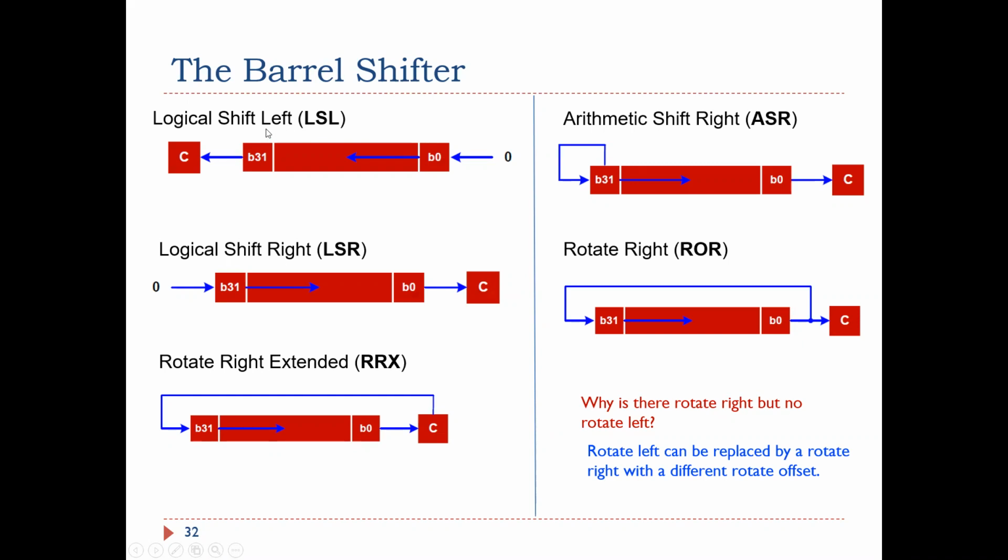For example, we have logical shift left. The way logical shift left works, the most significant bit will spill to the carry, bit 30 will become bit 31, and bit 0 will become bit 1.